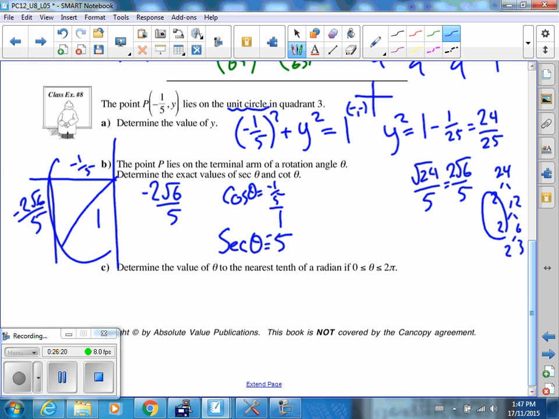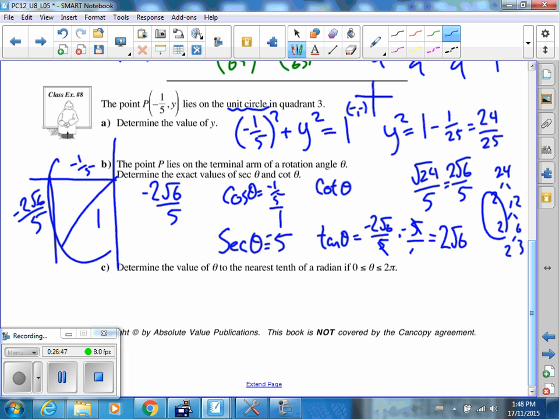Cotan is 1 over tan, so tan theta, and then I'm going to flip it. Tan theta is my y over my x, so negative 2 root 6 over 5 divided by negative 1/5, but that's the same as times negative 5 over 1. It's going to be a positive value, 5's cancel, so just 2 root 6.